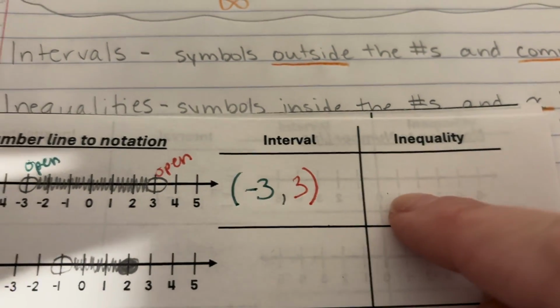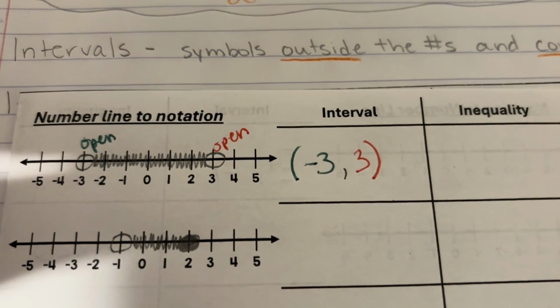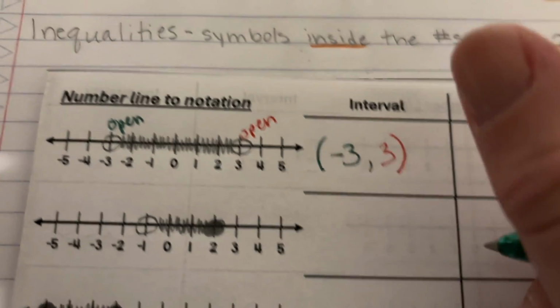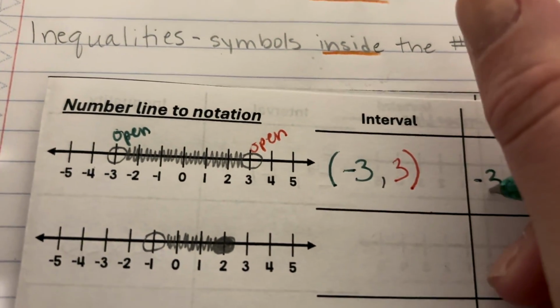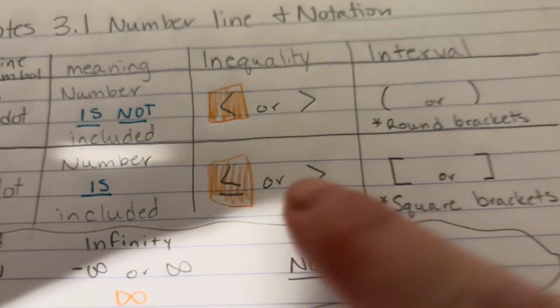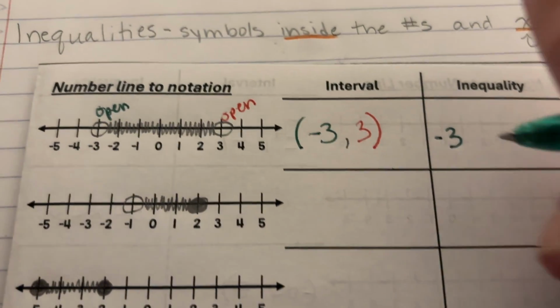Now, when I do the inequality for this particular problem, still left to right, I'm going to start with that -3. The symbol's on the inside, and the inequality symbol is just the mouth, the less than sign.